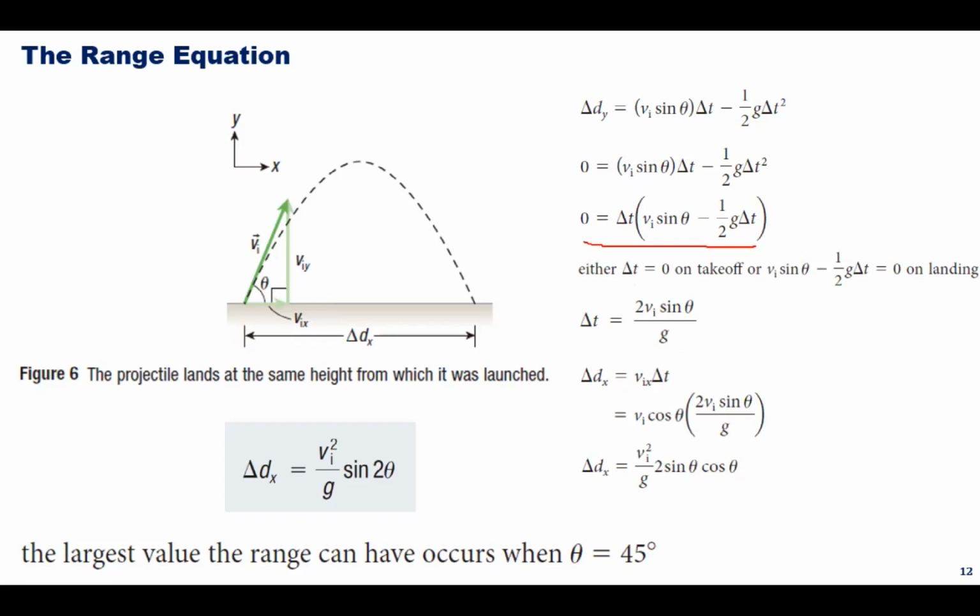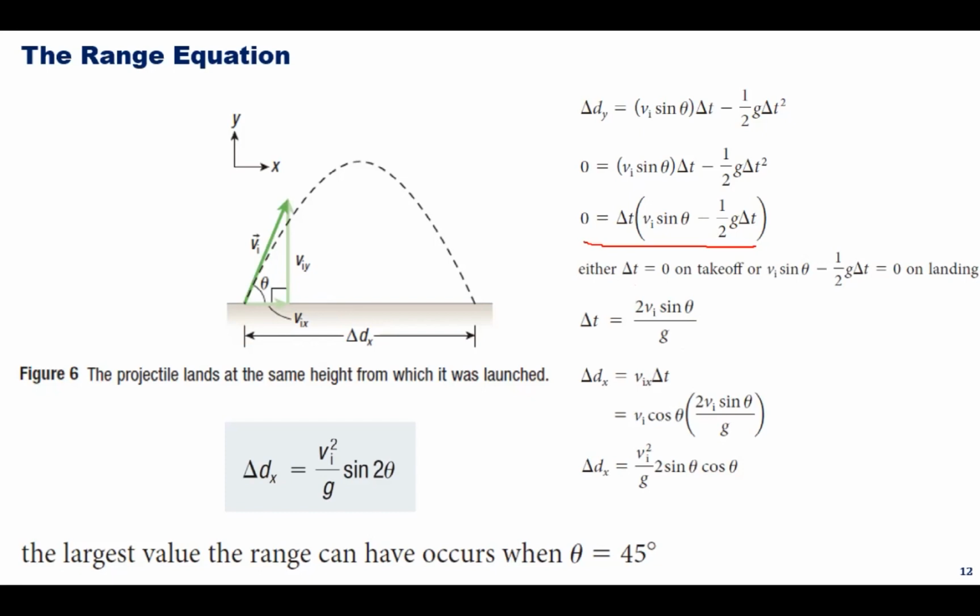Now we return to the equation for range. The range delta dx equals the component of the initial velocity along the x-axis times delta t, right? Substituting delta t and the initial velocity in the x direction, we have vix equals vi cosine theta.